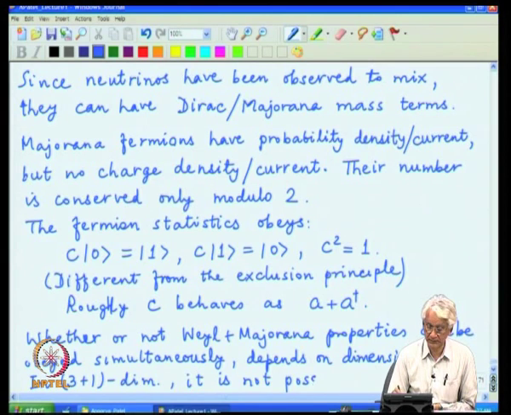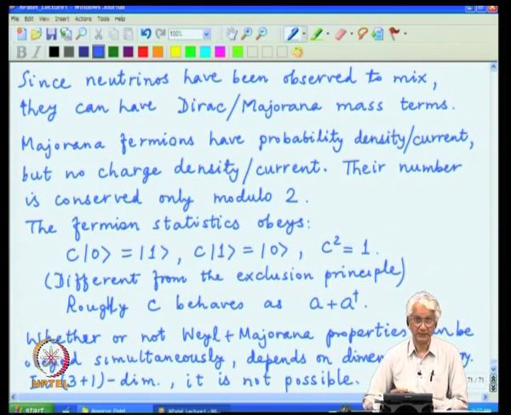It is actually possible in a little bit of a simplistic scenario of 1 plus 1 dimension, where the matrices are the Pauli matrices, and one can play around with trying to impose both these conditions simultaneously, and it works out.